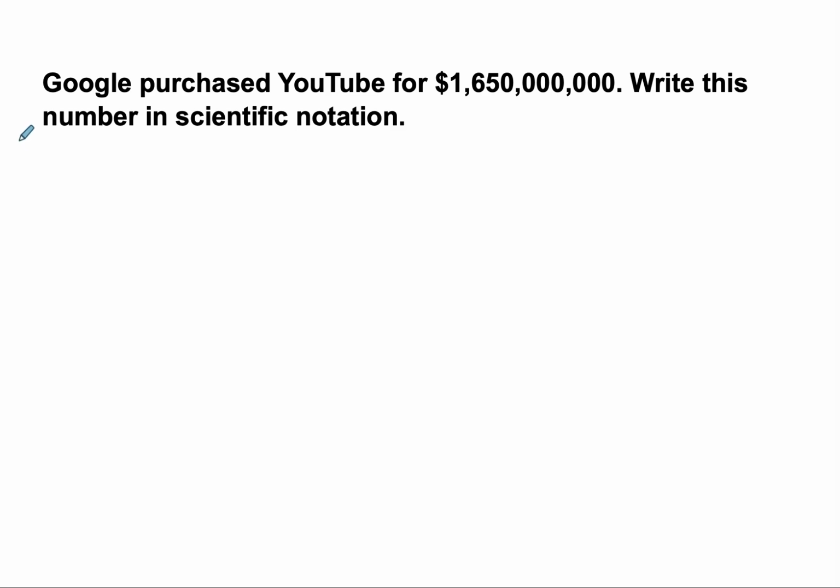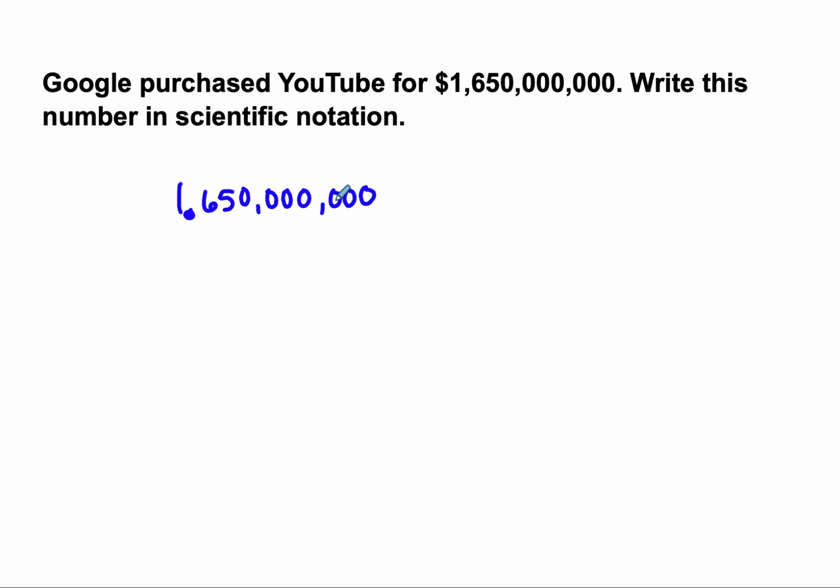Google purchased YouTube for $1,650,000,000. Write this number in scientific notation. All right, so I'm going to start by just writing it out. I want to make sure I get all those zeros down. Okay, so my decimal is going in between my first two numbers that are not 0. So that's the 1 and the 6.